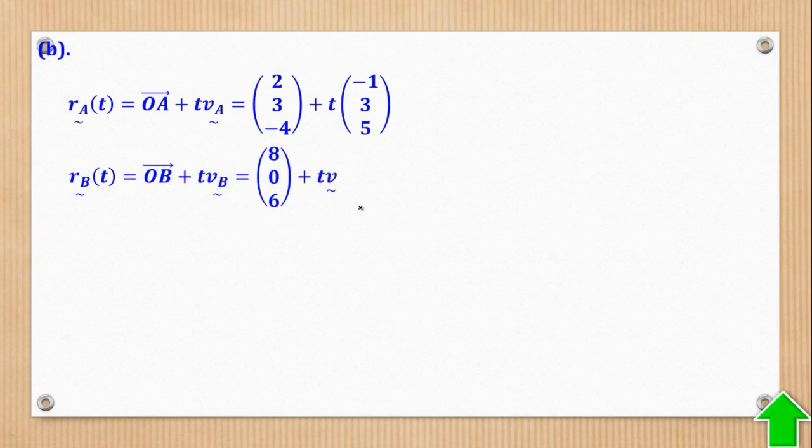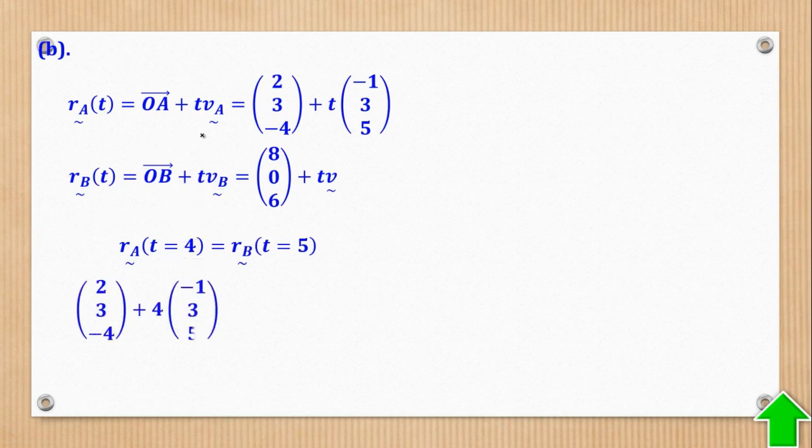Then they pass through the same point when time t is 4 for A and when t is 5 for B. That is why we equate the two, because when t is 4, A is at point X, and when t is 5, B is also at point X. That's why we equate.